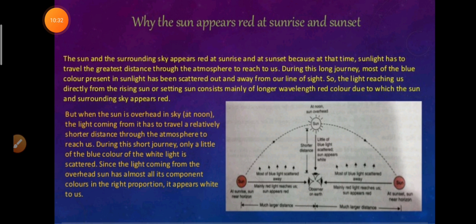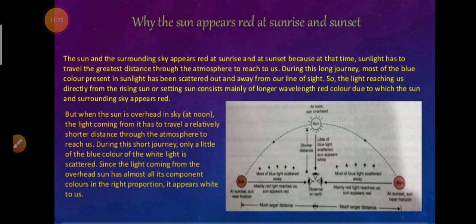Now the next topic is why the sun appears red at sunrise and sunset. During sunrise and sunset, the sunlight has to travel the largest distance. Since at that time the sunlight has to travel the largest distance, during scattering the lower wavelength light is scattered most, and even goes out of our sight.